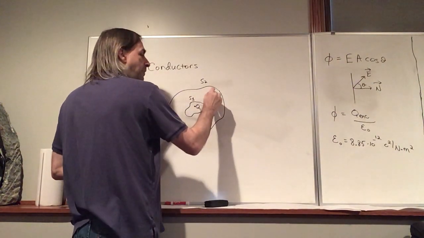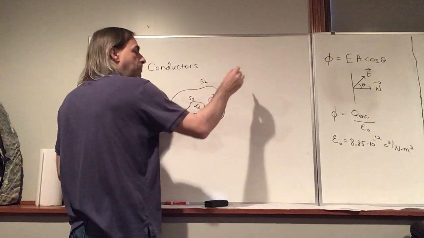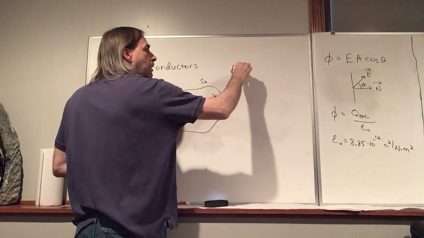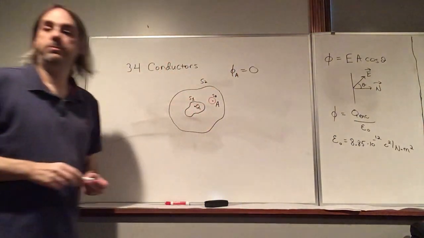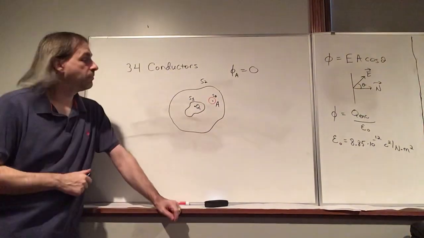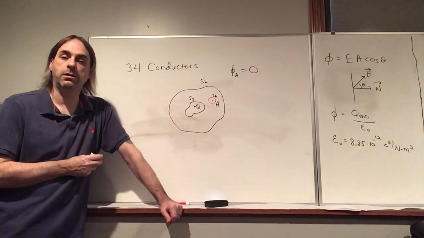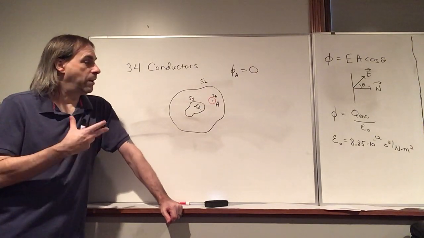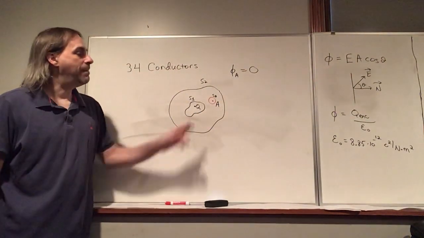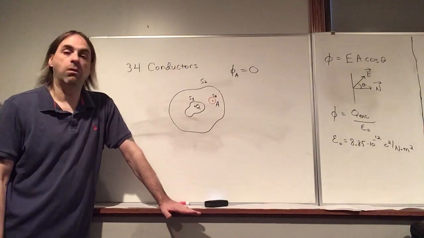Let's call this Gaussian surface A. If it's enclosing point A, the flux through that surface has to be 0. The reason why is the electric field is 0, because this entire surface is contained inside that conductor. And so the electric field is 0 everywhere, and so the flux is 0. And that means the total charge enclosed by that surface is 0.